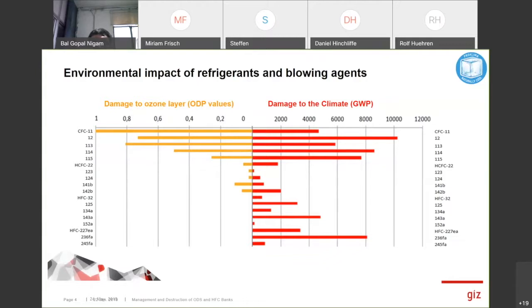If we take CFC 11 as an example, we can see that it has the highest ODP with 1 and contributes approximately 5,000 times more to global warming than the equivalent amount of CO2. All those substances shown on this slide are ozone depleting substances, so CFCs and HCFCs, and in this case they also have global warming potential, and all HFCs have only global warming potential.